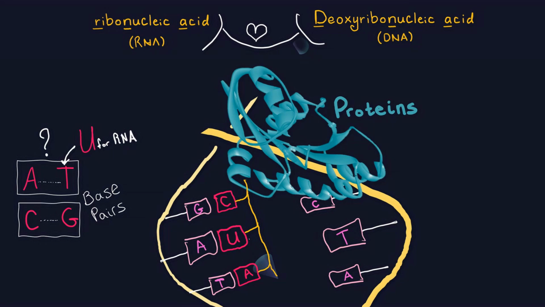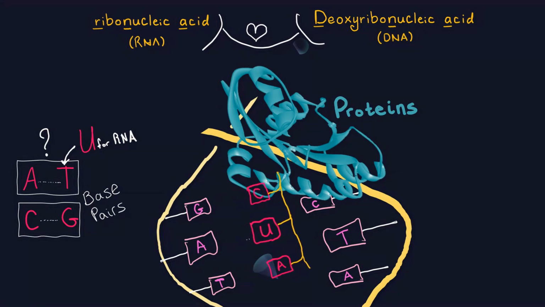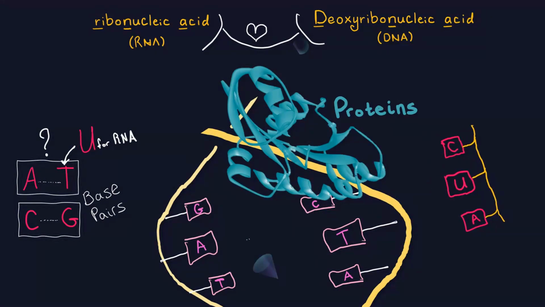And now this small RNA segment is good to leave the nucleus and transport part of the DNA's instructions to somewhere else in the cell. So now somewhere else in the cell can get at least a part of the DNA's instructions, thanks to RNA. And that's the brief overview of nucleic acids.